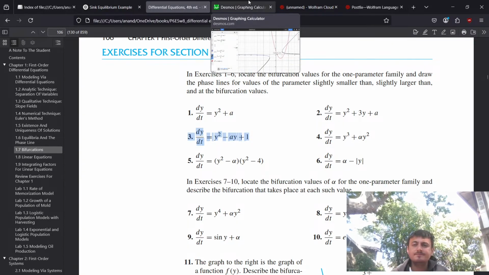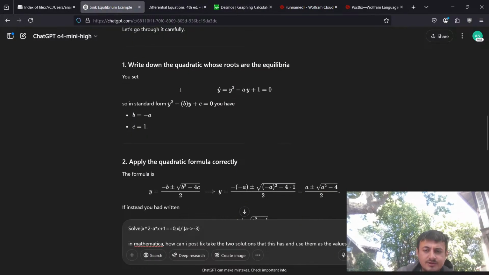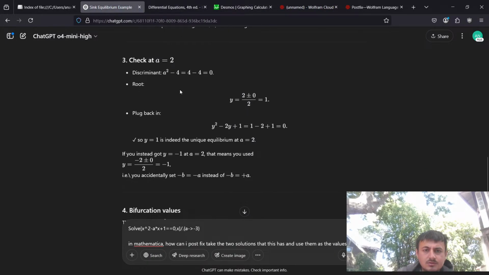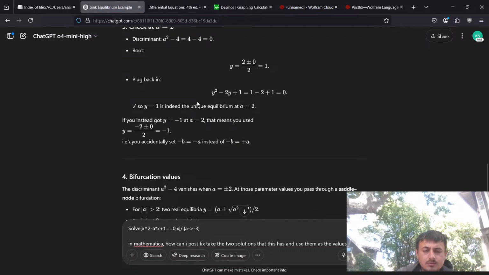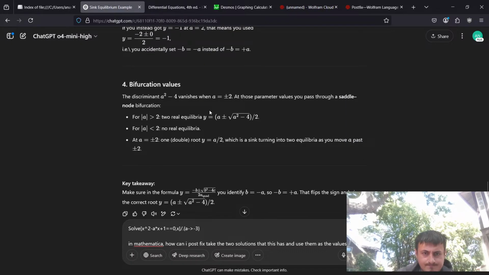wait, can we actually read what this is? Yeah. Wait a minute. We never did that? Wait, that's a sink? Okay, so y equals minus 1, a equals minus 2.